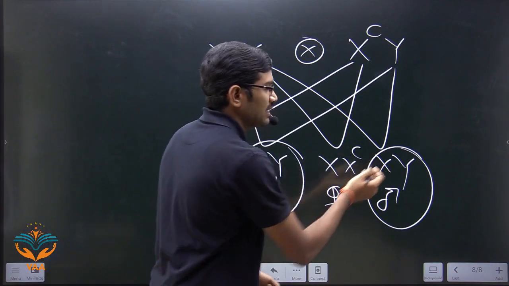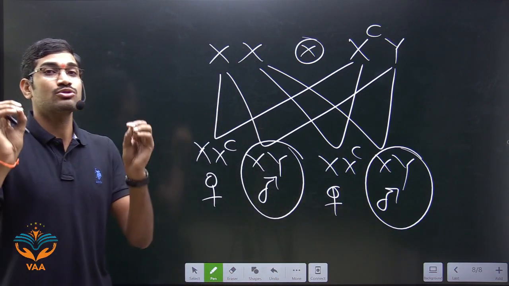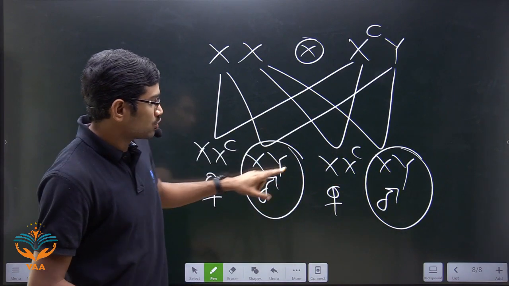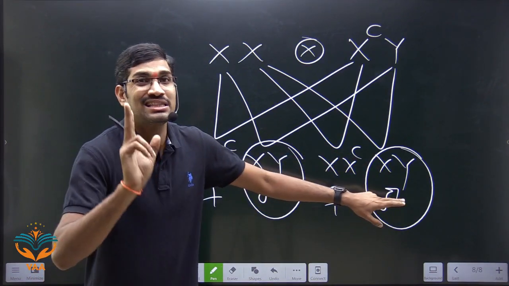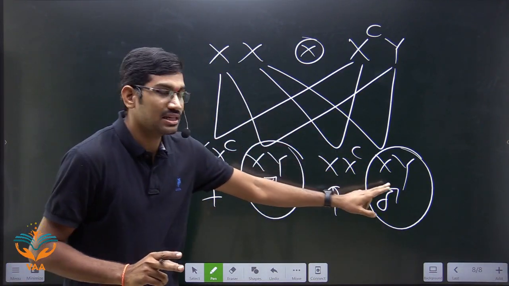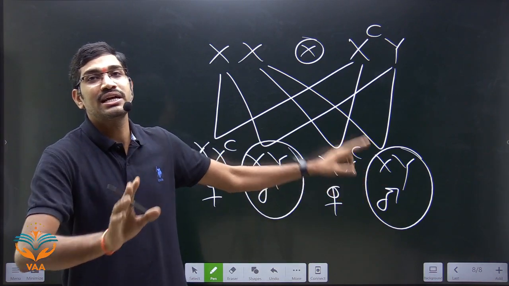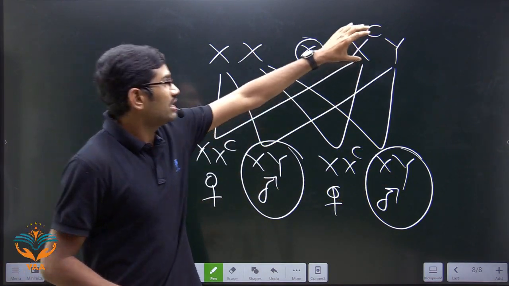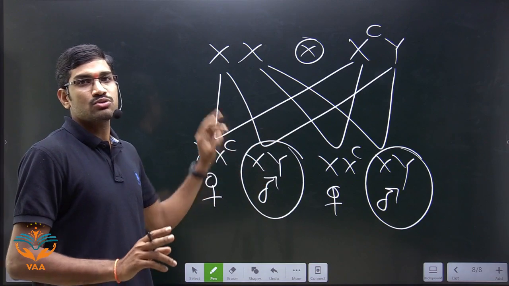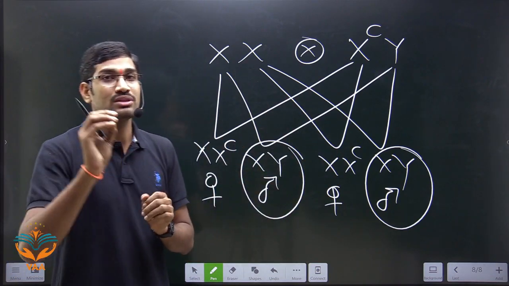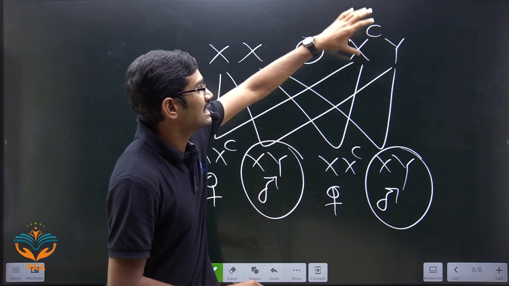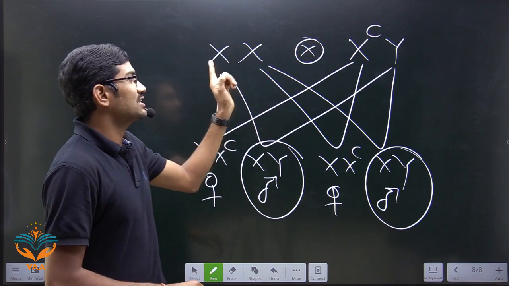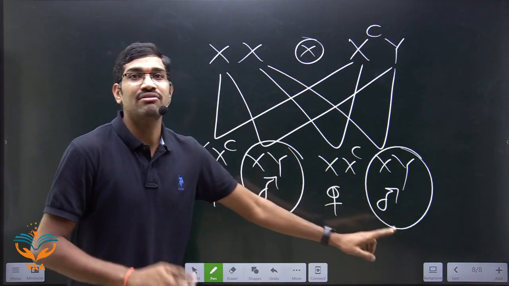So are the sons colorblind? No, they are not colorblind. Please remember, whatever X chromosome is present in the sons is actually obtained from the mother. It is never obtained from the father. The Y chromosome is obtained from the father, and the X chromosome is obtained from the mother. So that's why if the father is colorblind and the mother is normal, sons can never be colorblind.